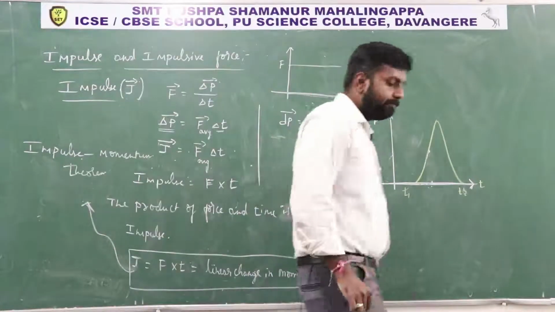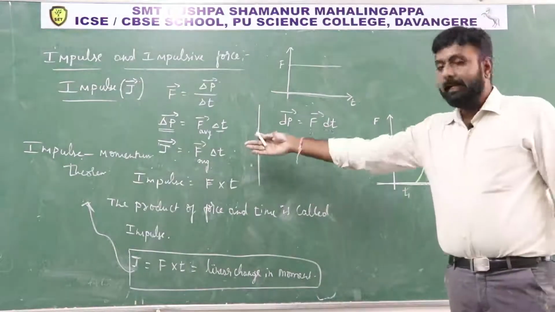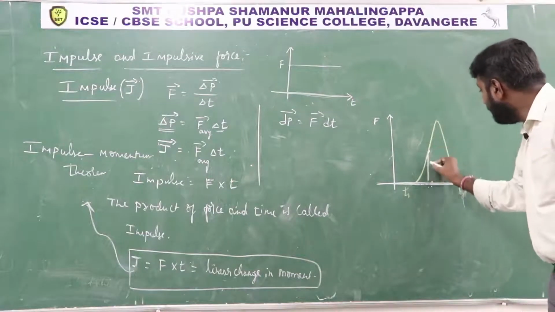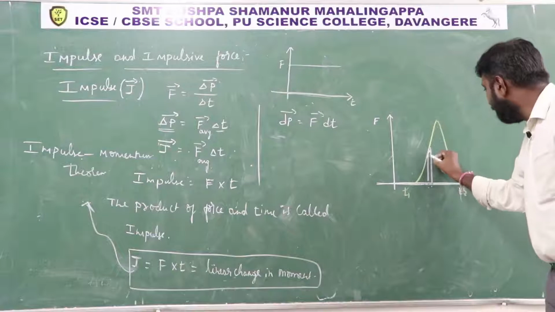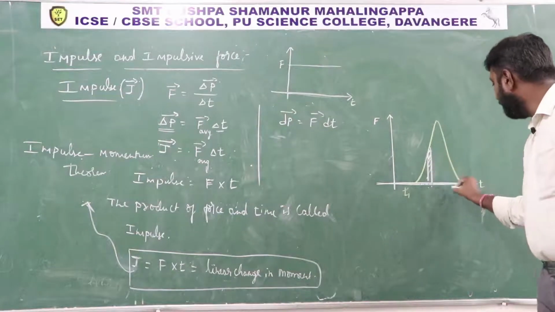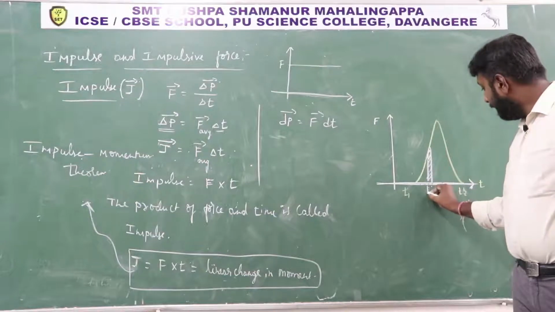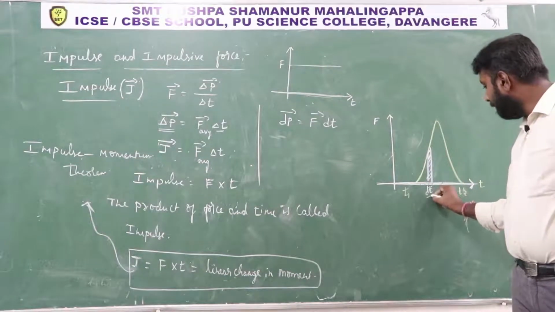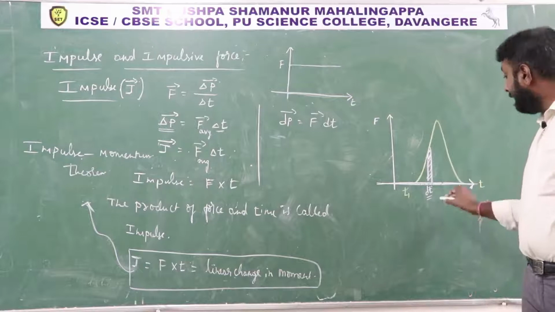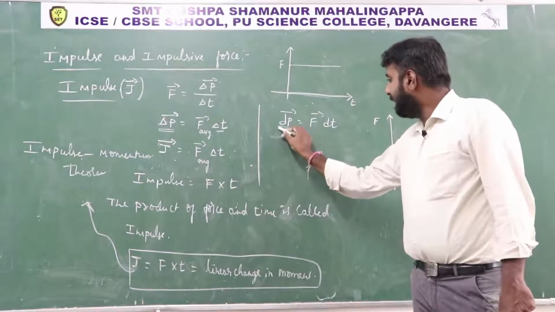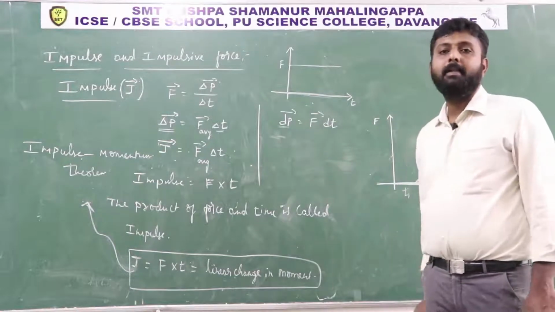That means delta T is a finite interval of time, while this dt means an infinitely small interval of time. So this t1 to t2 itself is small. In that I am considering a very small time interval. That time interval is dt. In this dt time interval, the very small change in momentum is dp.